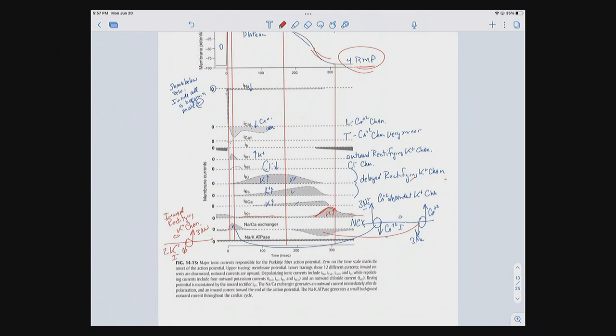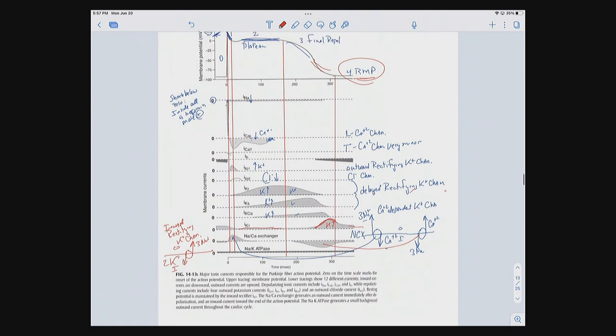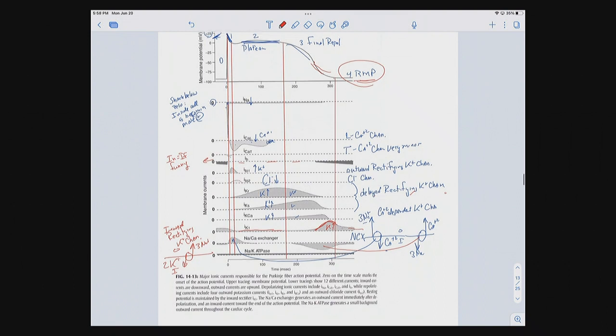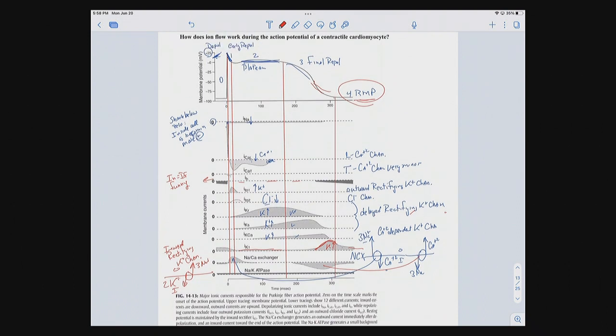So one other thing I haven't mentioned, because it's not really that important, but this is right here. The IH is really IF, so these are my funny channels. They're not major players. You'll note nothing is happening as far as the funny channels are concerned. Why? Because we are above 0. Remember, that's one of the things that makes a funny channel called funny, is that they don't allow ions to flow through in the positive range.